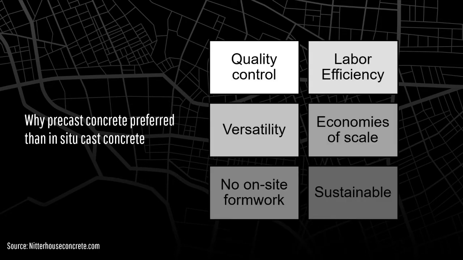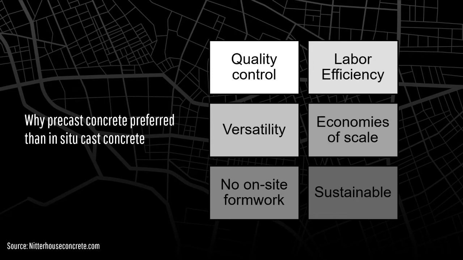So why is the precast concrete preferred over in situ cast concrete? The first, because of the quality control. Because precast concrete is mixed, poured and cured in a factory. Ideal condition and exacting measurement can be maintained throughout the process.